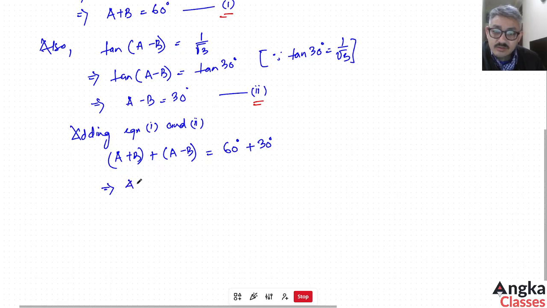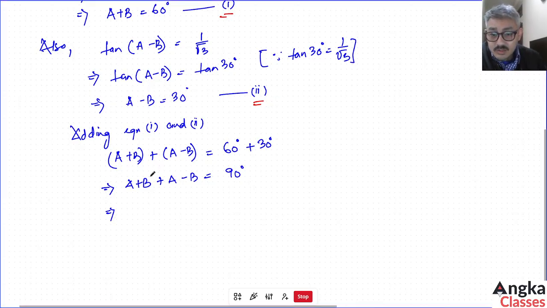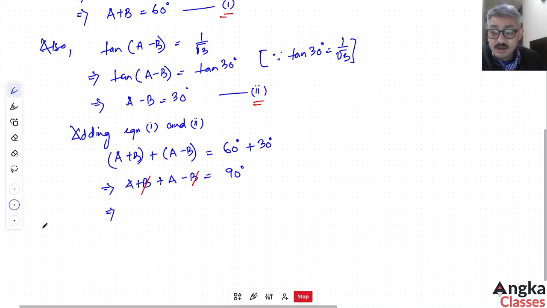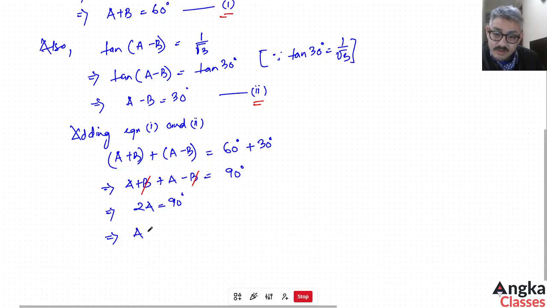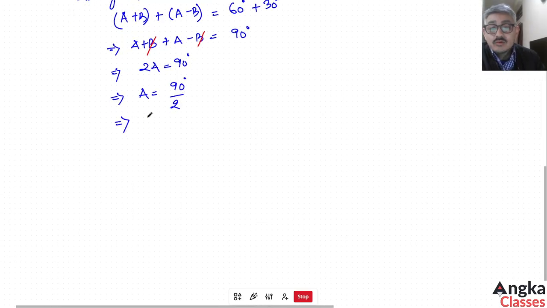In the brackets, a + b + a - b, and 60 + 30 is 90 degree. So we have 2a is equal to 90 degree, which implies that a is equal to 90 degree divided by 2, which is 45 degree.